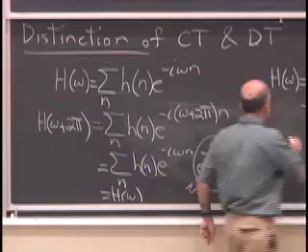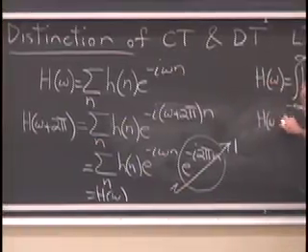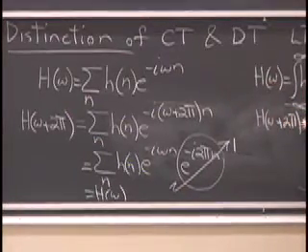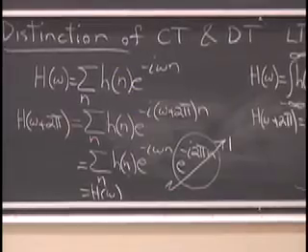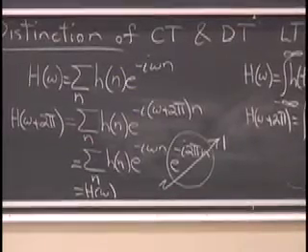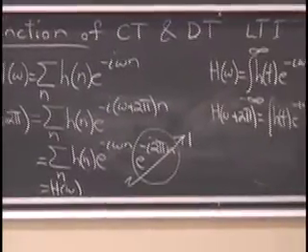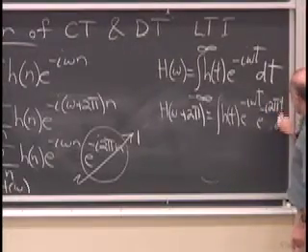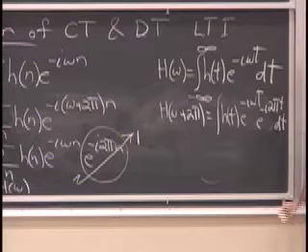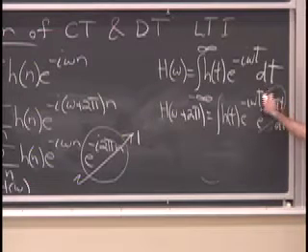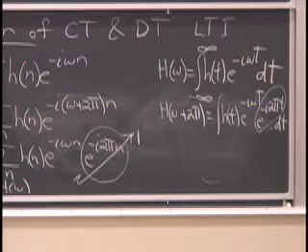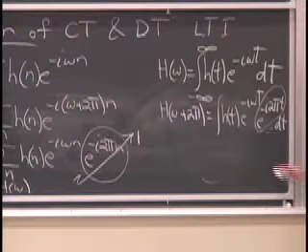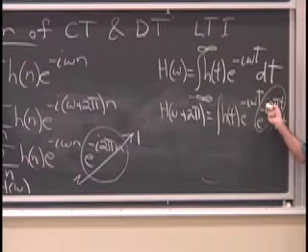Now, when you go to continuous time and you look at H of omega plus 2 pi, you get the integral of h of t e to the minus i omega t e to the minus i 2 pi t dt. What can you tell me about that? Is that identically 1 for all time?